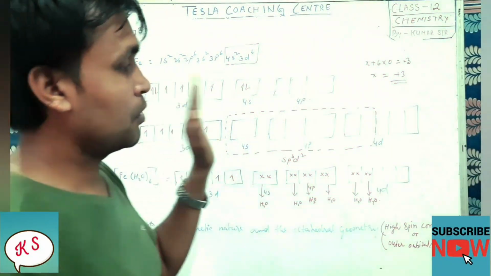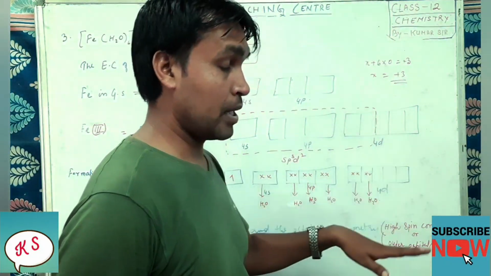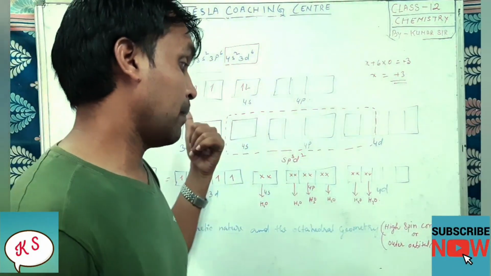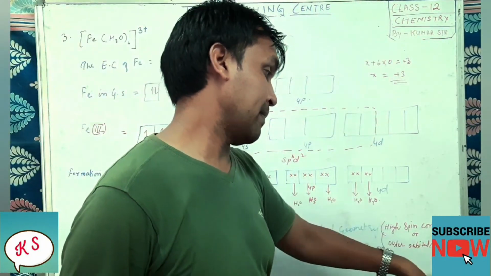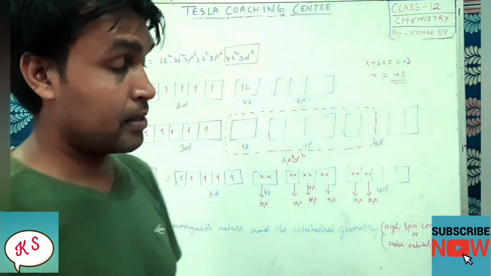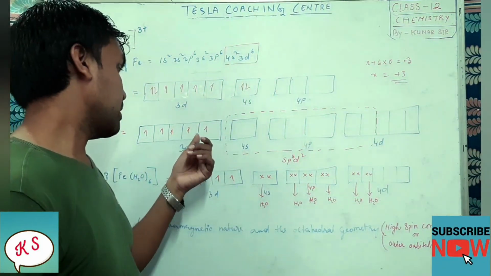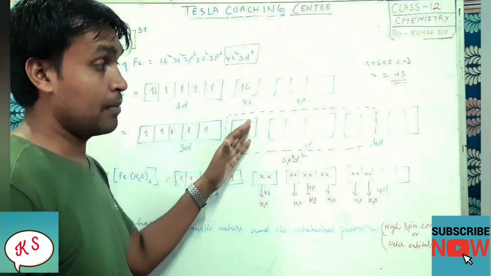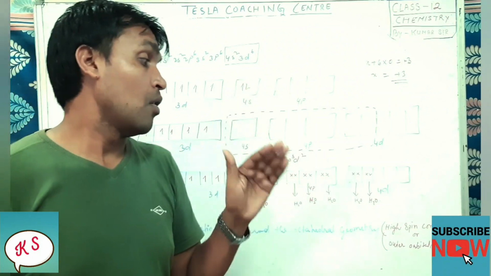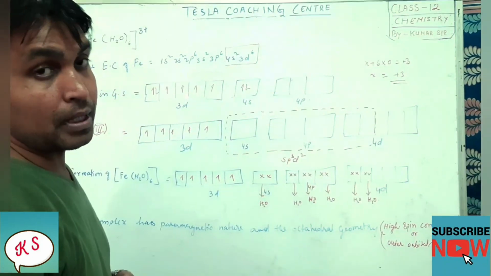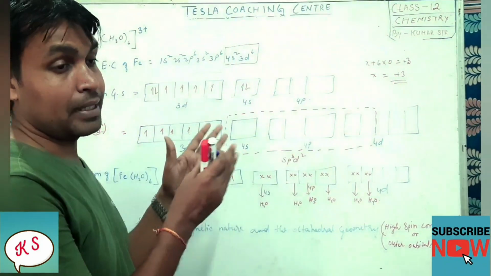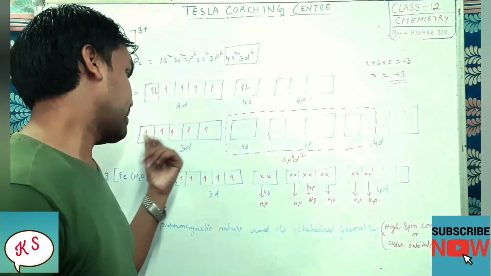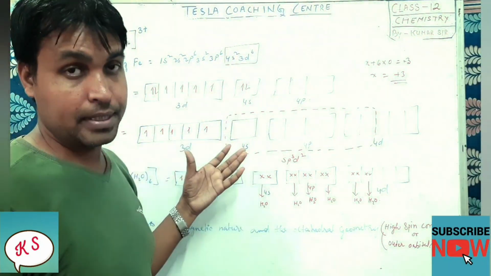We are taking a contribution from the outer orbital, that is 4d. That is why this complex will be called an outer orbital complex or high spin complex. If the 3d is contributing in the hybridization, then we call it an inner orbital complex or low spin complex. In a low spin complex you will find an excited state also, but here you don't find any excited state.